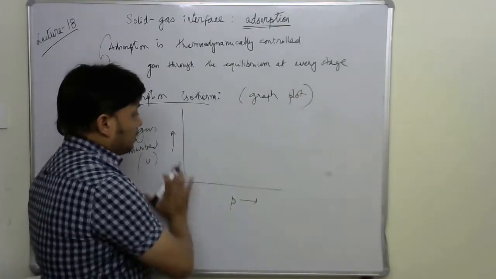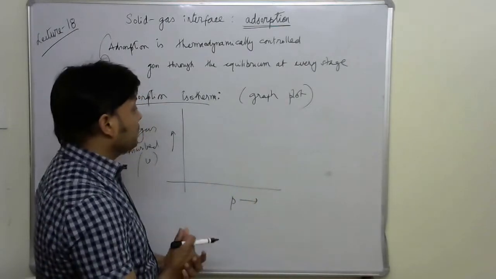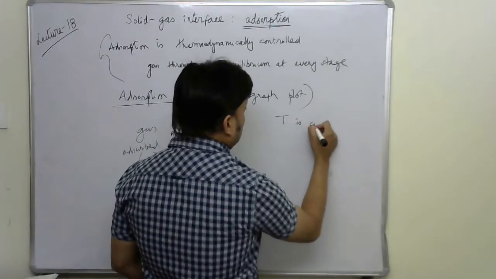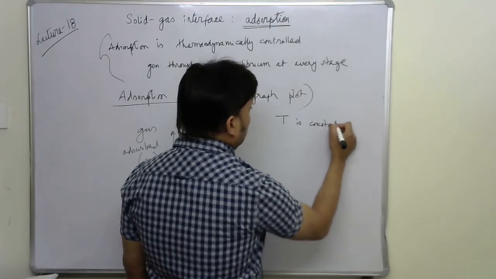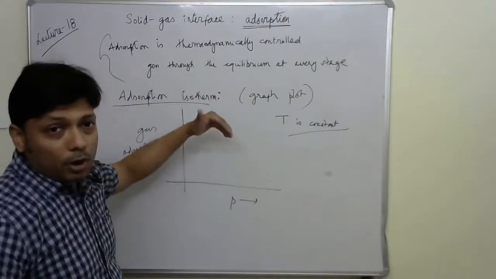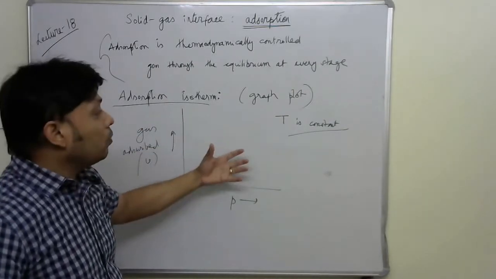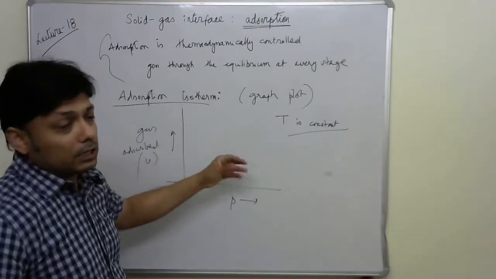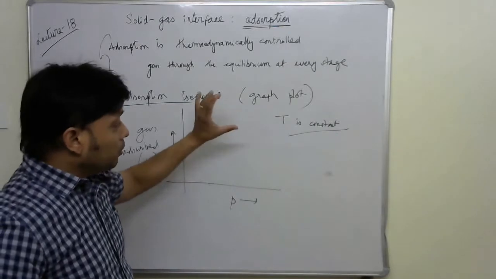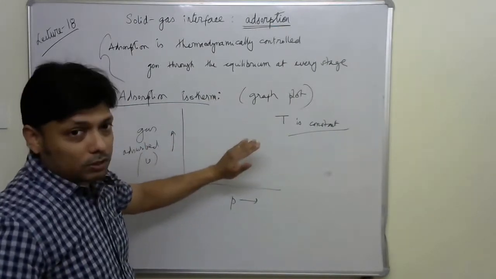And then we generate a graph plot with some data points. But this is taken at a constant temperature. So T is constant. If the T is not constant, the adsorption has no meaning, because we have already understood from the thermodynamic consideration that the adsorption process is spontaneous only when, this is an exothermic process, and when the temperature is quite low, and the temperature has to be constant.